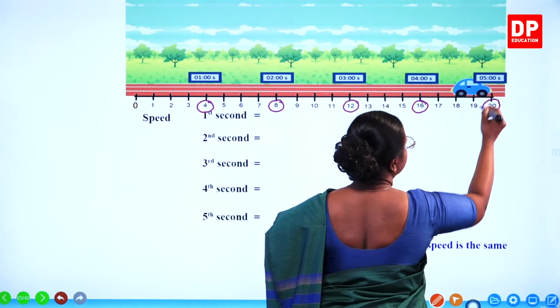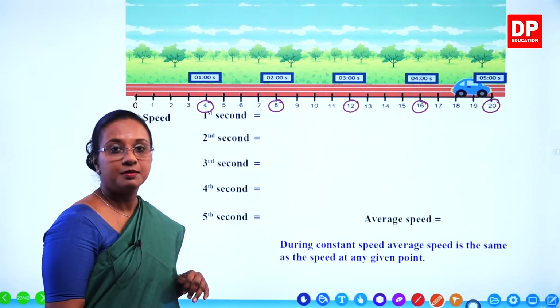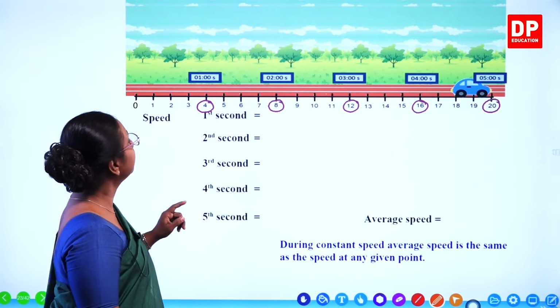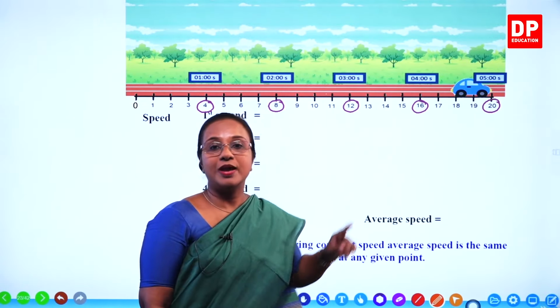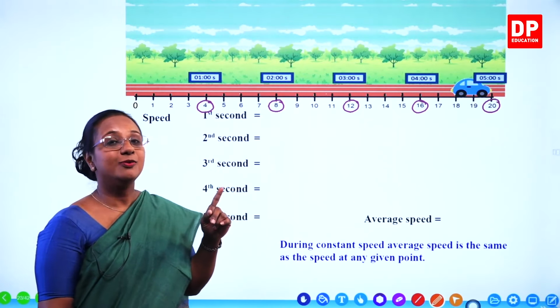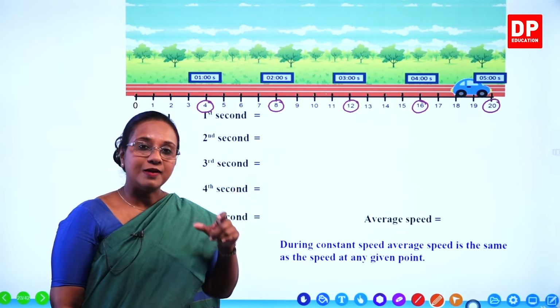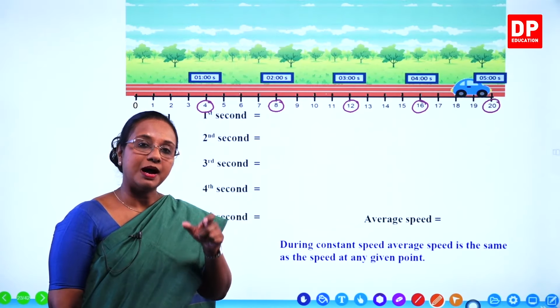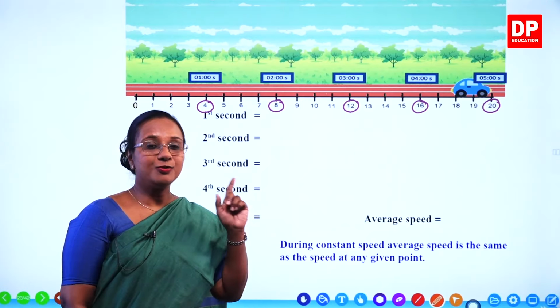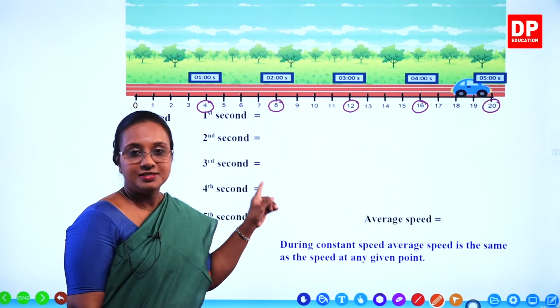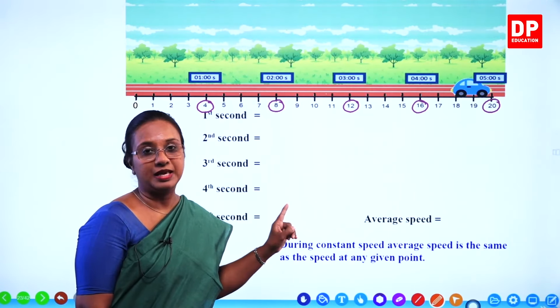And 5 seconds, 20 meter mark. So, when you look at the values 4, 8, 12, 16 and 20, immediately you can identify that the values are changing by an equal number. Therefore, you would have guessed by now, this is a uniform speed.